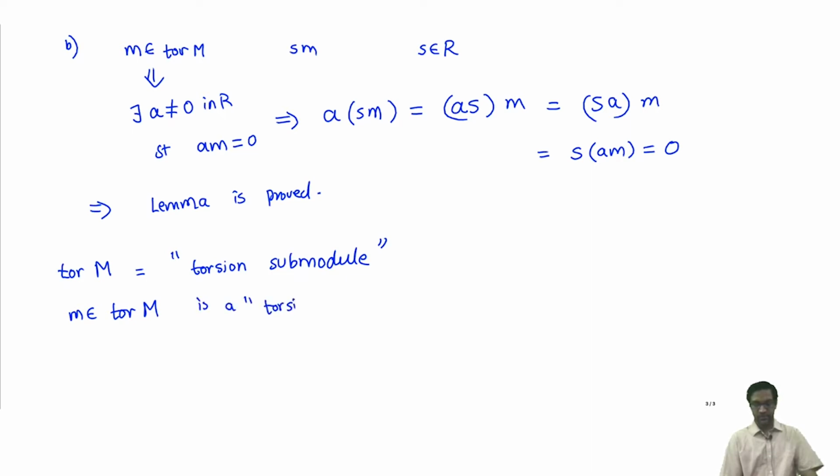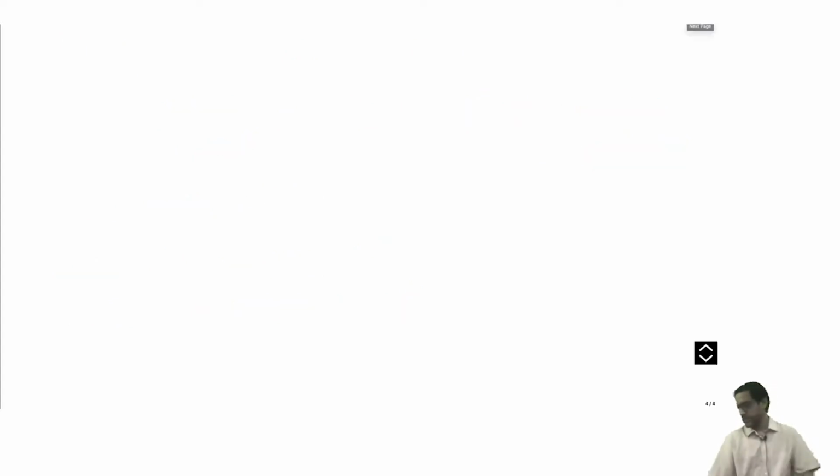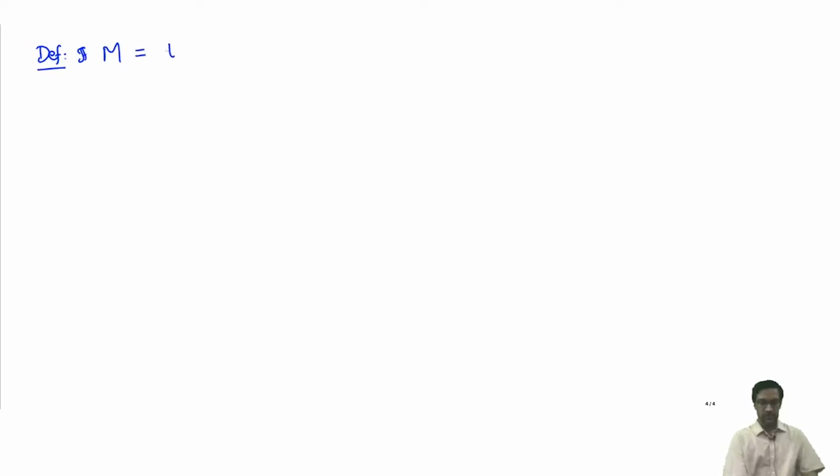Any element of tor M is called a torsion element. So this is the first little definition and property that we need. Now, this is the definition: if every element is a torsion element, so if M itself coincides with its submodule tor M, then we say M is a torsion module.